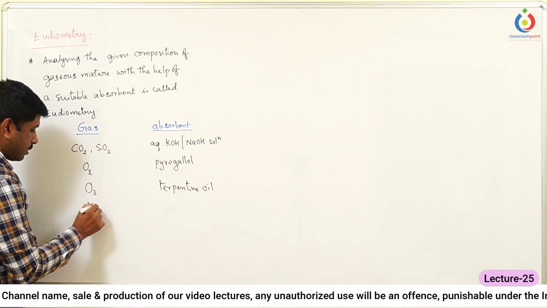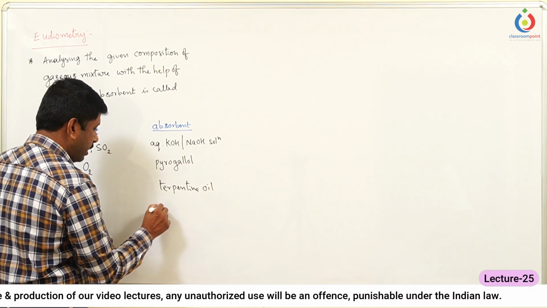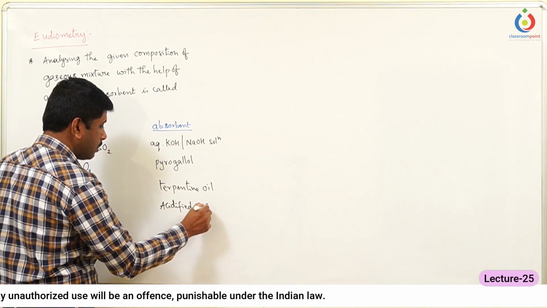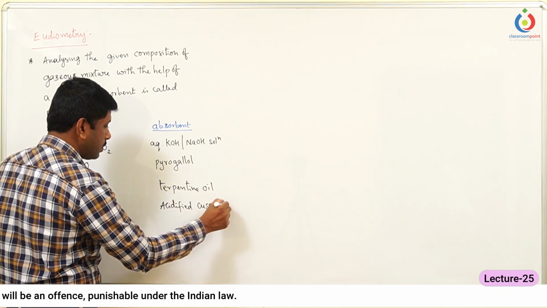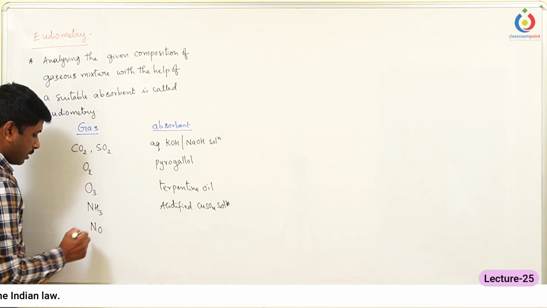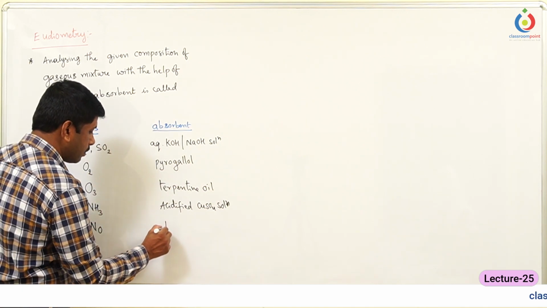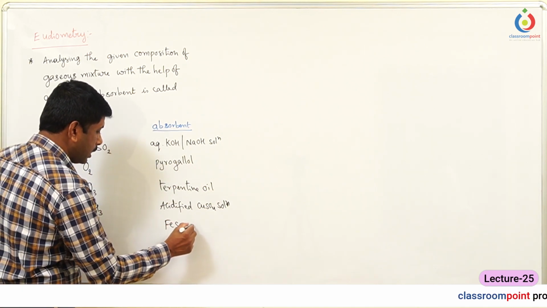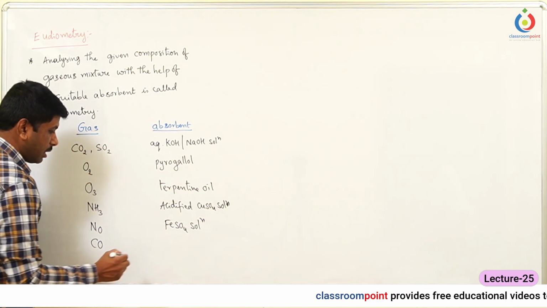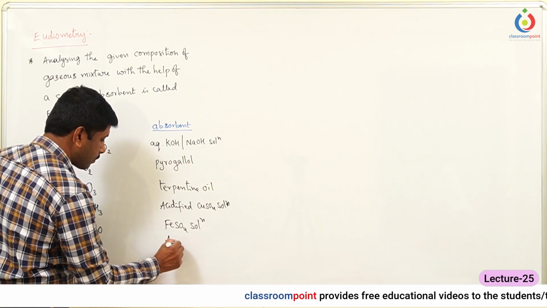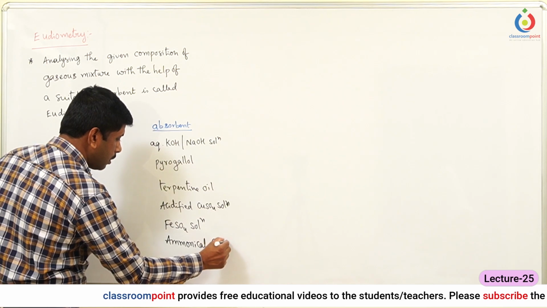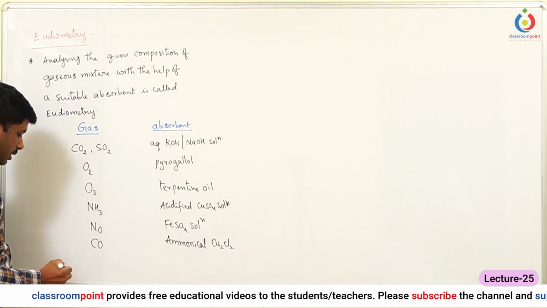Ammonia gas is absorbed by acidified copper sulfate solution. NO gas is absorbed by FeSO4 solution. CO gas is absorbed by ammoniacal Cu2Cl2 solution.